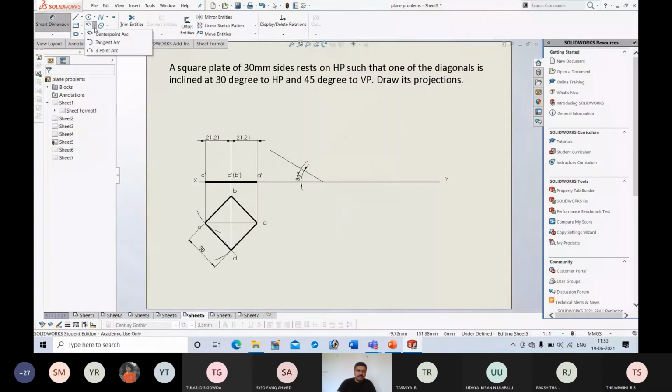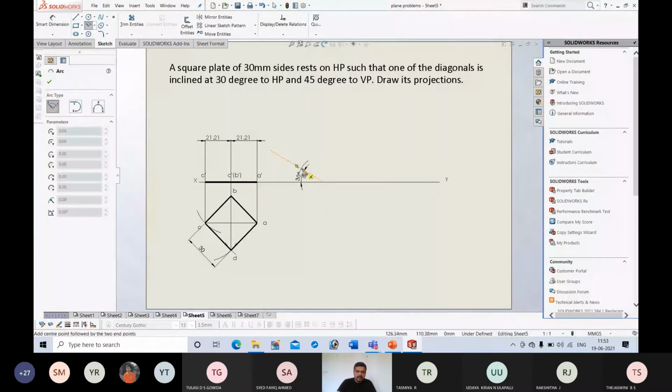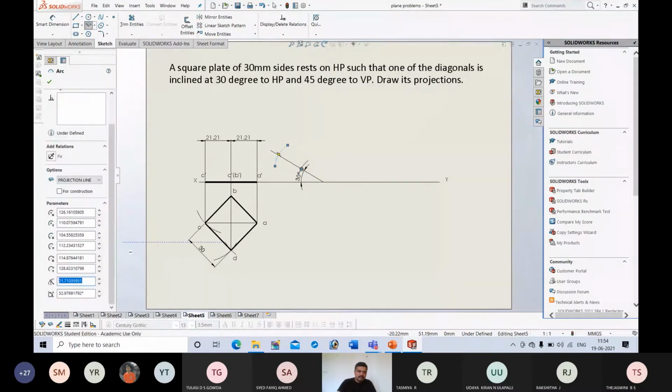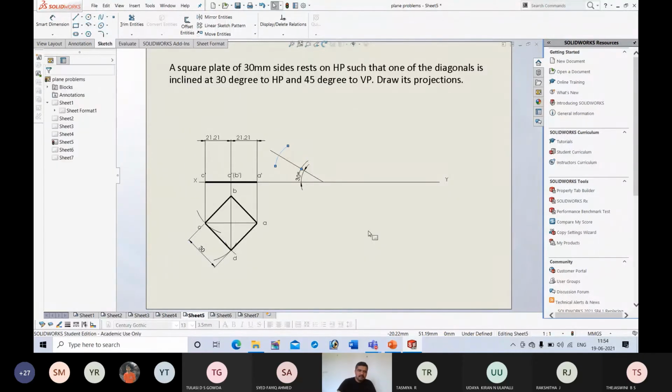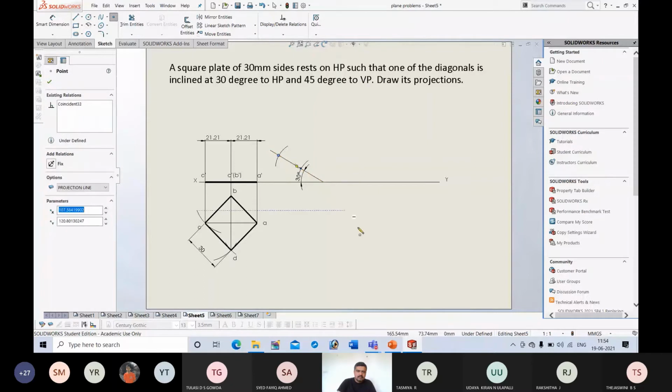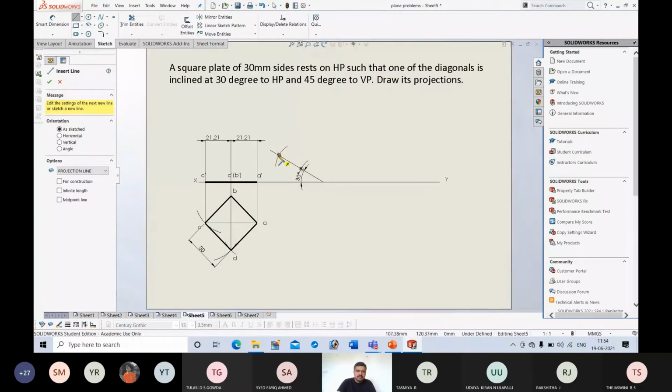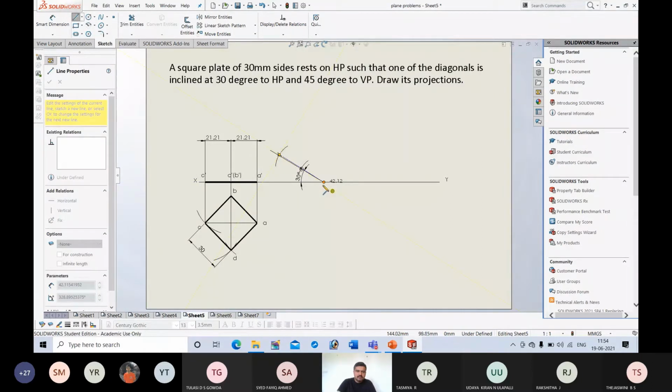Once again from this point, I will draw one more arc, 21.21. So I will get the required points. Next, I will draw a line between this point and this.